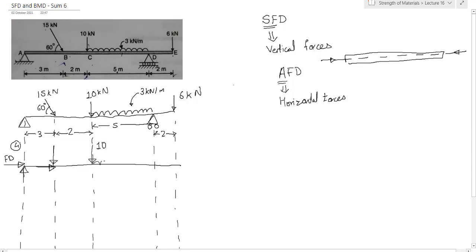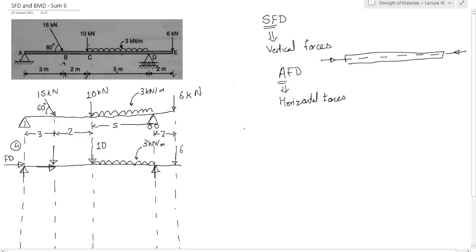Here then we have this 3 kilonewton per meter, and here we have 6 kilonewtons. I am just writing 6 right now. Considering all this, we first have to calculate, and here we have the reaction at D also. Because it is a roller support, it will have only vertical force. It won't have a horizontal force.